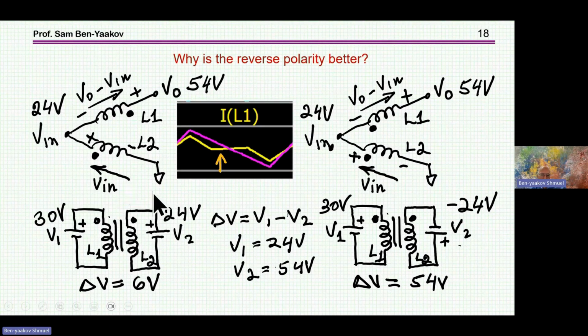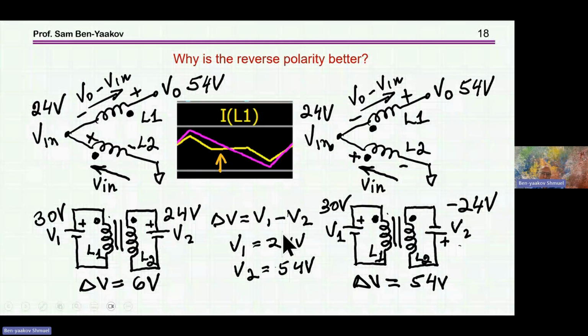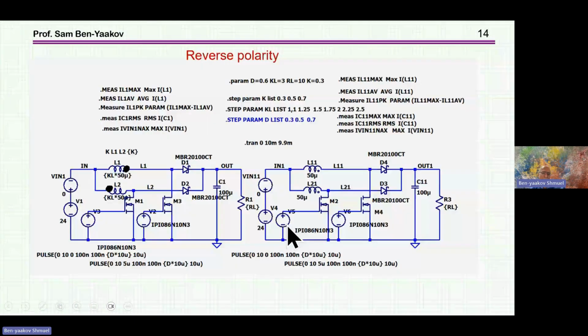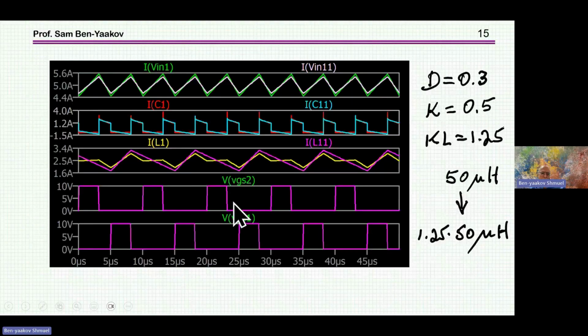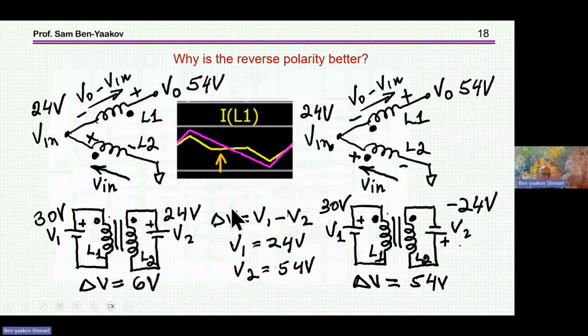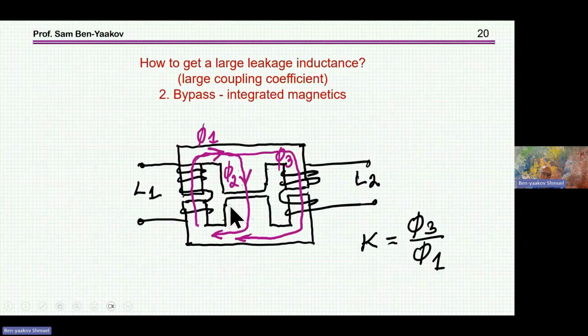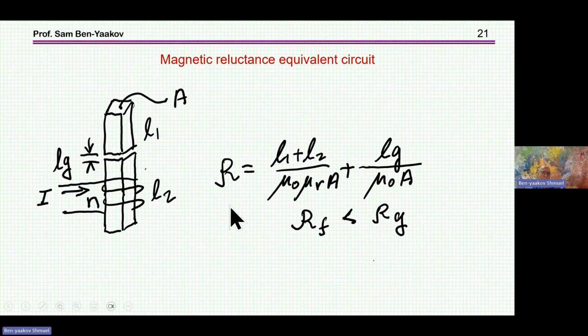We don't have any information in this domain, in the domain of the electrical simulation. For that, we need another tool, and this could be very handy: the magnetic reluctance equivalent circuit. And again, I'm sure that most of you know about it and are familiar, if not all of you, but let me go over it very quickly.